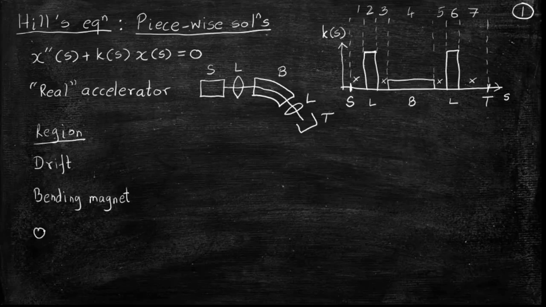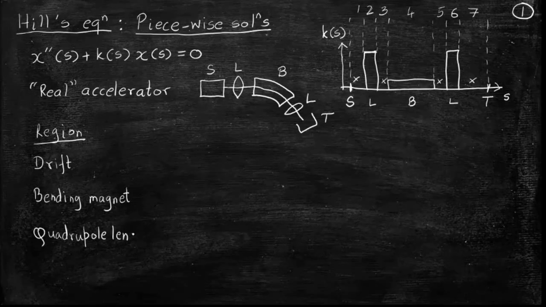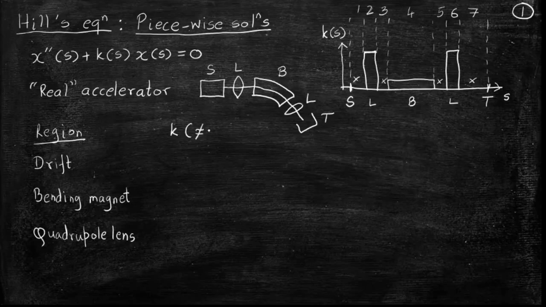And you have your quadrupole lens. Each of these regions has a value of K, and this value of K is not a function of S within that region. When you shift the region, K suddenly shifts its value.